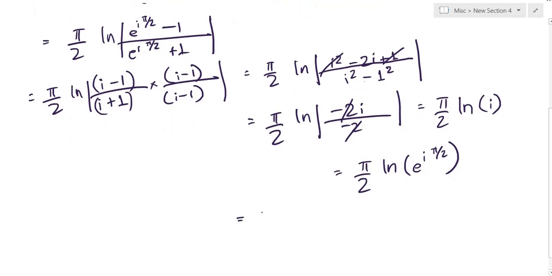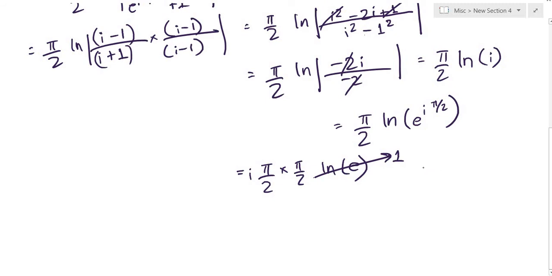And from that, using some log properties, we can pull down the power to have i times pi over 2 times the natural log of e. The natural log of e is 1. And over here we have i times pi squared over 4. The two pi over 2's get multiplied with each other. So what was this? This is basically our first part, our I1.